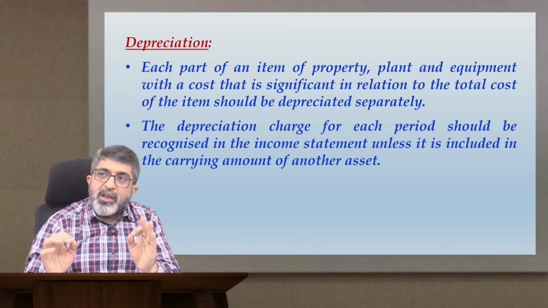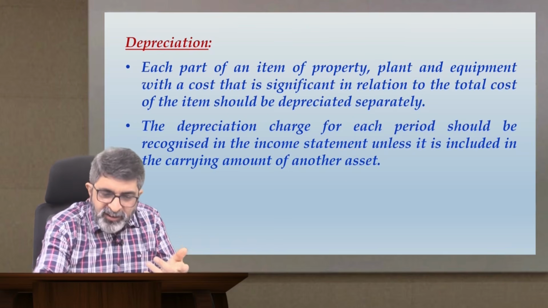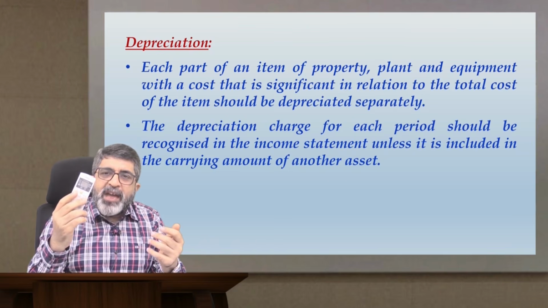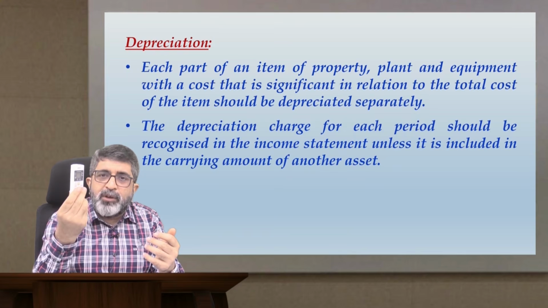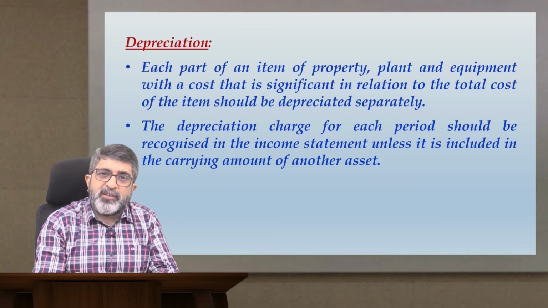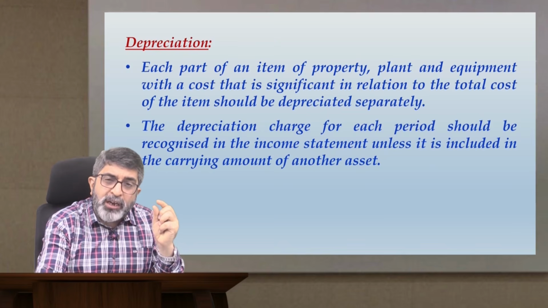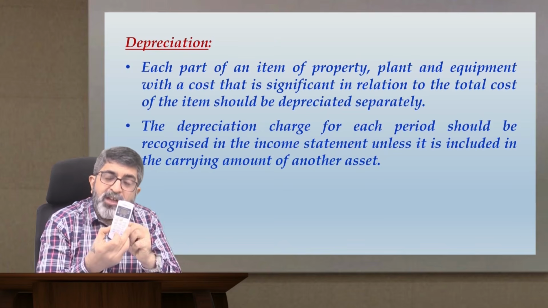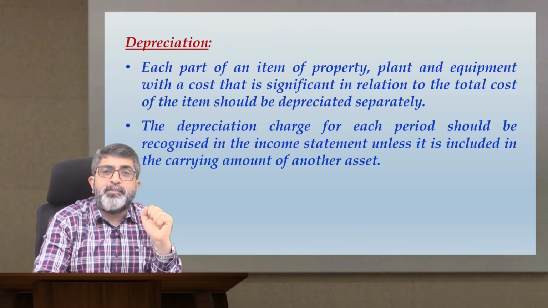But if it is a depreciation of a machine and the machine is responsible for carrying out production of this kind of inventory, I am making this kind of remote controls in my factory. So for the machinery that is involved in the production process of this, the depreciation charge will be allocated to each unit produced, and that will become part of the cost of inventory of this particular product.